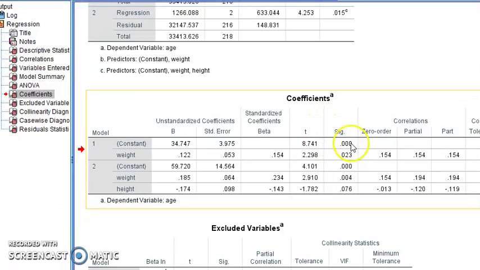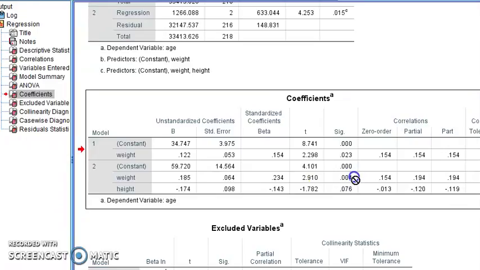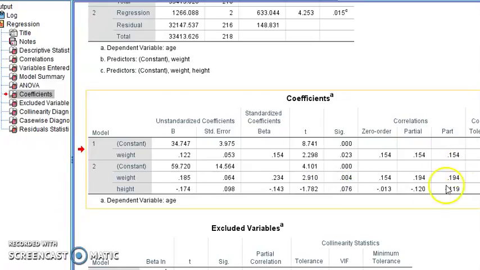Also, if we look over here, we can see that again, we're looking at Model 2, which considers both weight and height. We can see our p-values are greater than 0.001, which means, again, this model is not going to be a good prediction of age.